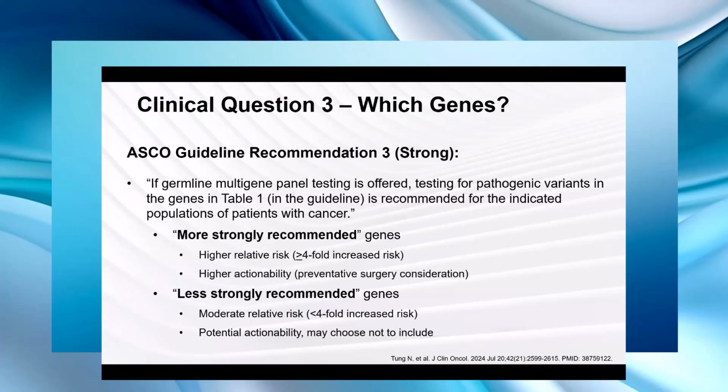And so those which were targeted as more strongly recommended were those with a higher relative risk, which is greater than or equal to a 4-fold increased risk, or those which had higher actionability, so preventative surgery consideration, etc. The less strongly recommended genes were those which had a moderate relative risk of less than 4-fold increased, and the potential actionability may not be as significant as those in the higher groups.